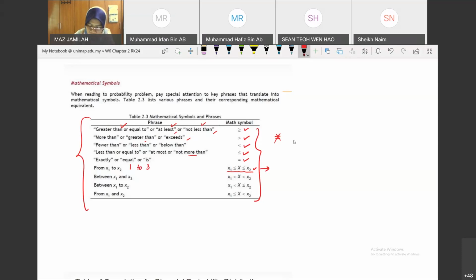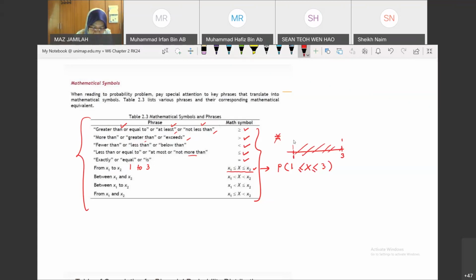This should be written as the probability that capital X is from 1 until 3, meaning the 1 is included, and 3 is also included.